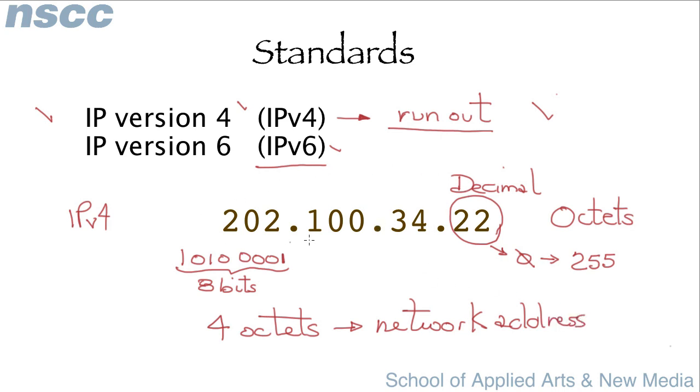Now, besides an IP address, there's other information which a network device needs to participate in the internet. And so we'll list some of those here. So the first thing we need, of course, is this IP address. There's a second piece of information, and that's called the network mask, sometimes just the mask.